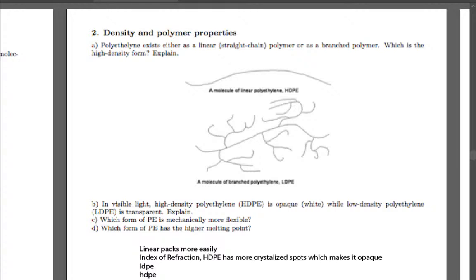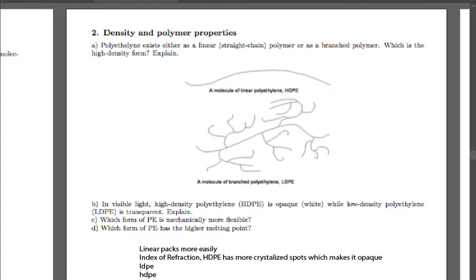The higher melting point would be HDPE because its van der Waals force is actually much stronger because of its high density. So that's basically that.